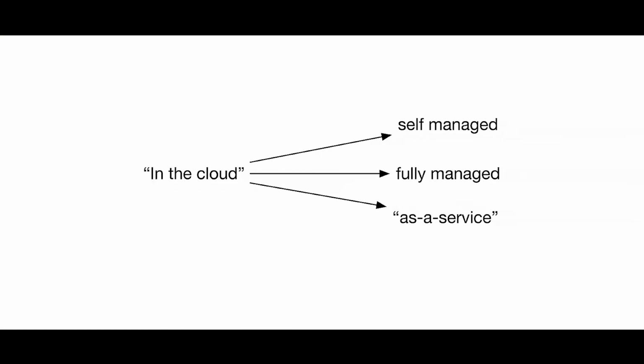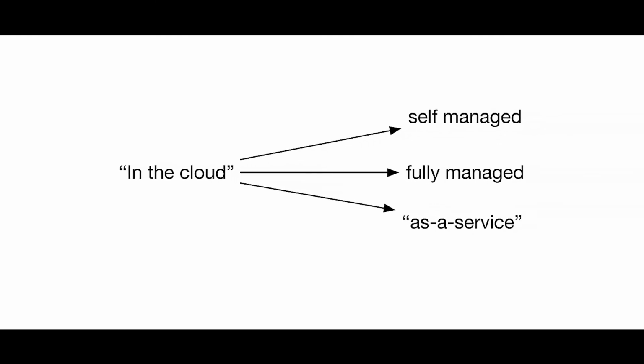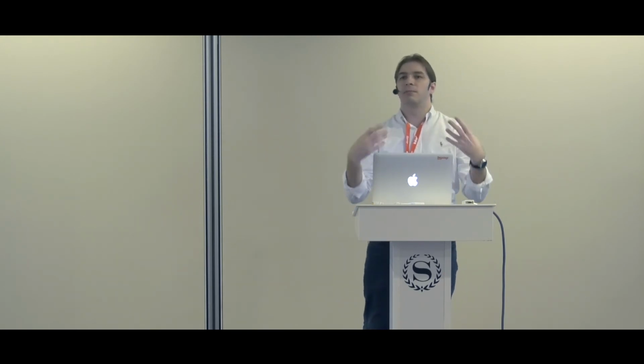Right. So there are 3 types of, let's say, uses of big data in the cloud: self-managed, fully managed, and as-a-service. Self-managed is when your IT staff just buys machines in Amazon or Google or what have you, and just starts deploying Hadoop and doing all that stuff and maintaining it themselves. Fully managed is when you ask somebody else to manage it for you, but basically you just use the machines again directly, you rent compute power.